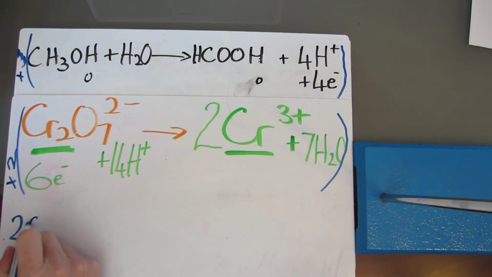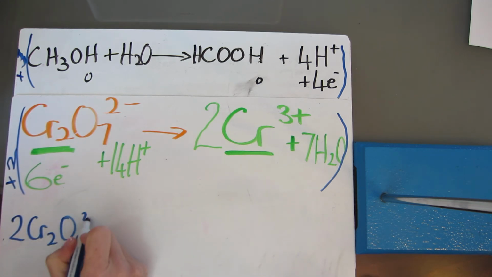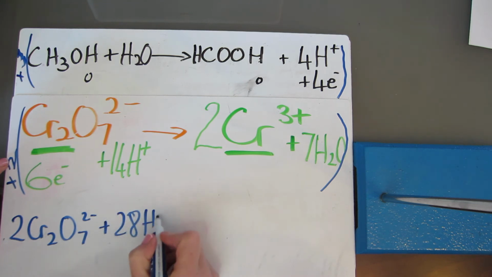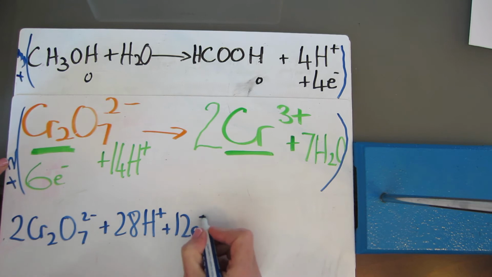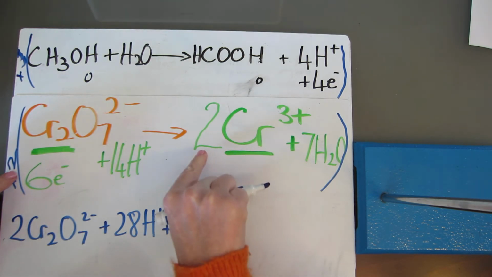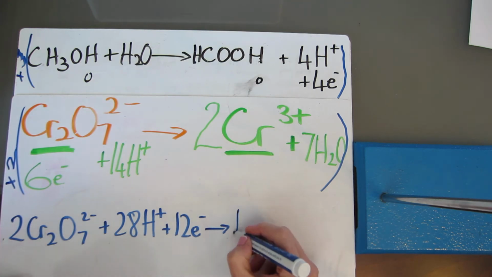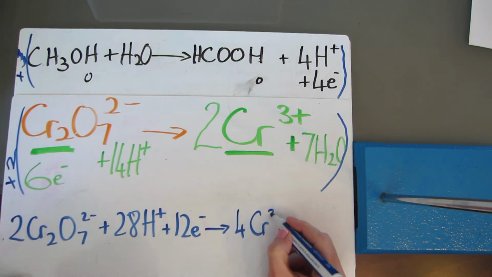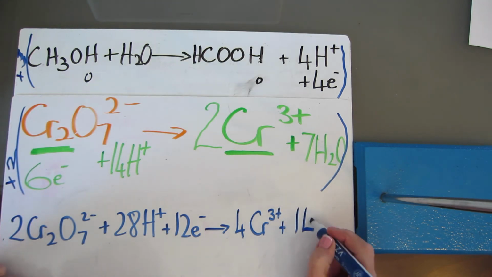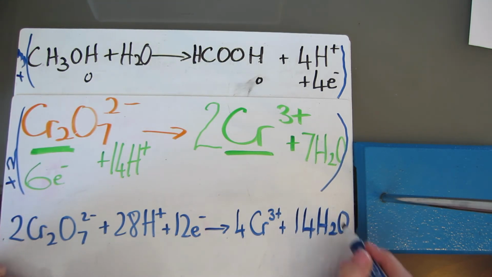So we're going to have 2 Cr2O7 2-, 2 times 14, 28 H+. Remember I told you don't worry if it's a lot, big numbers, we'll see what happens. 2 times 2 is 4 Cr3+. 2 times 7, 14 H2O.